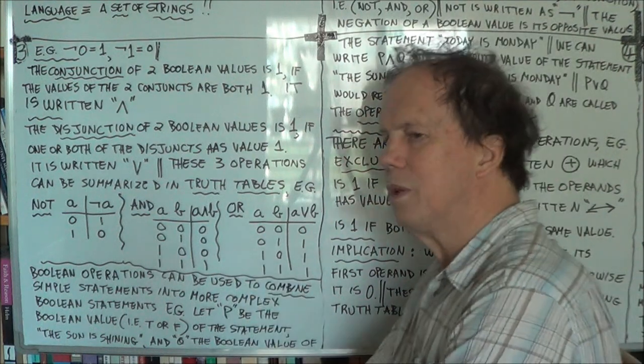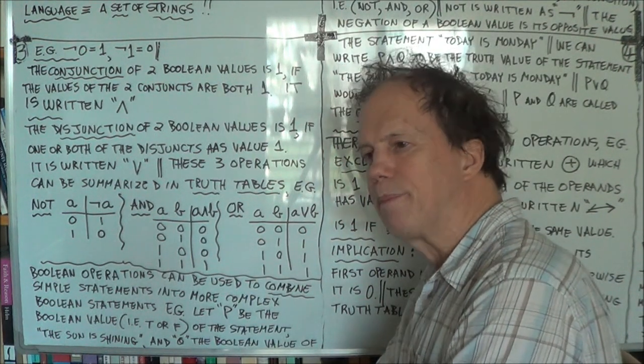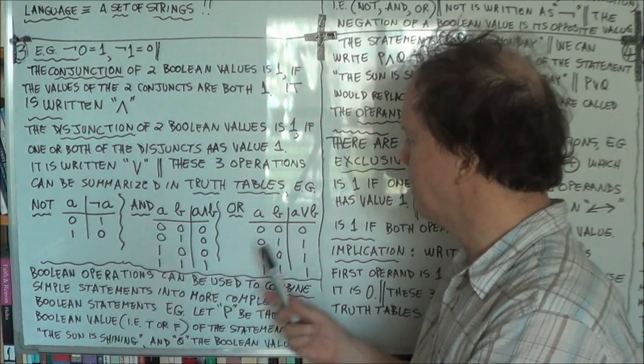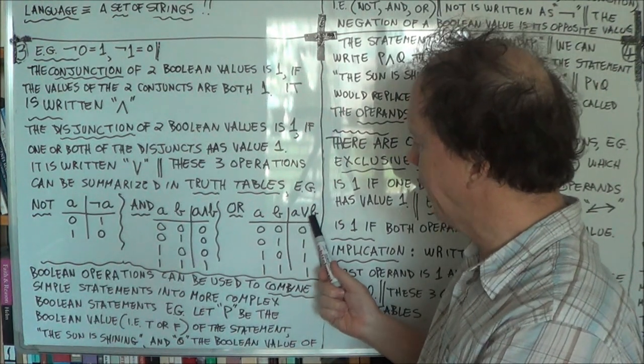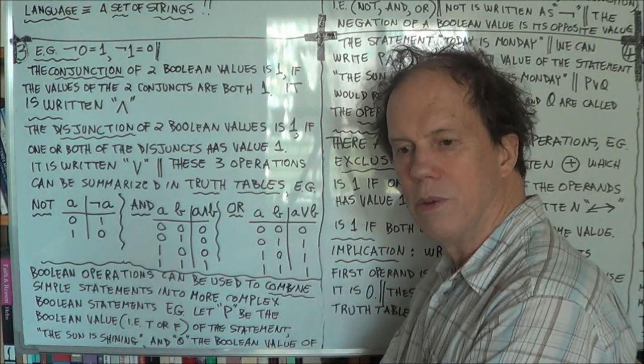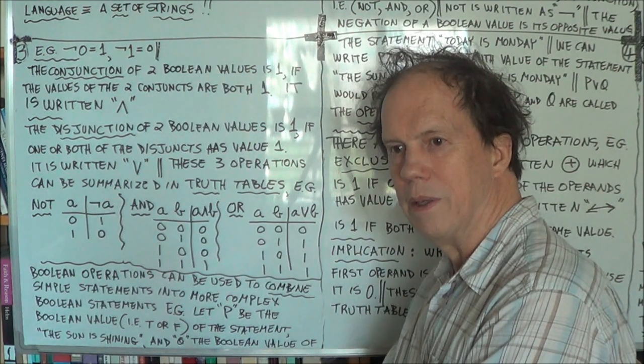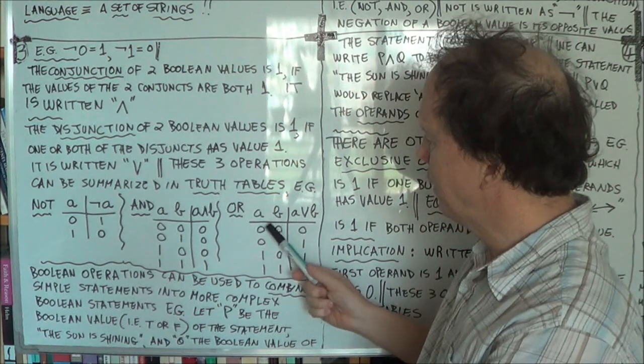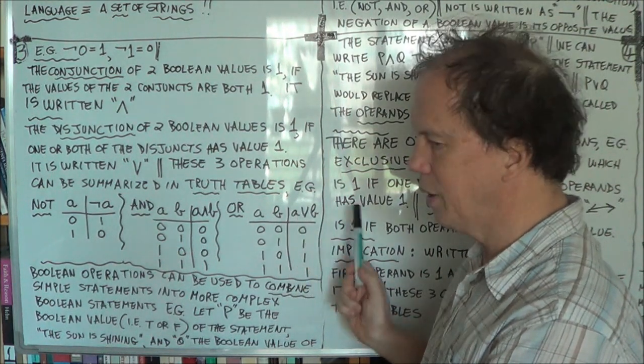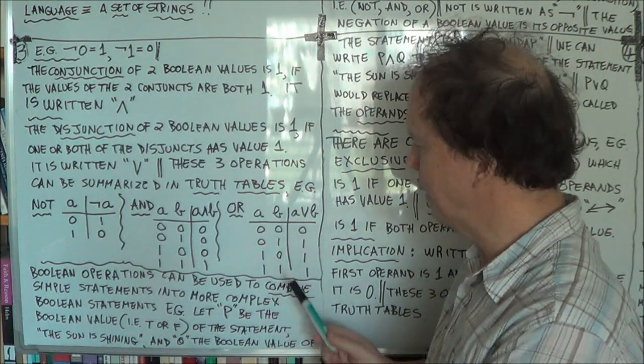Now OR, more flexible. Your statement here, A or B, that will be true if one or both of A and B are true. Okay? So now if they're both false, A or B would be false. That's sort of common sense. Okay?